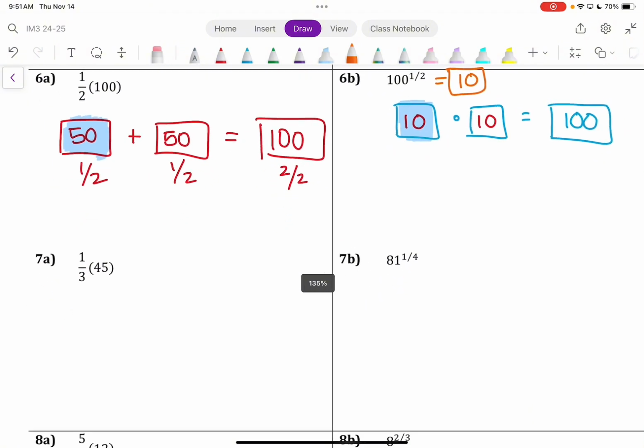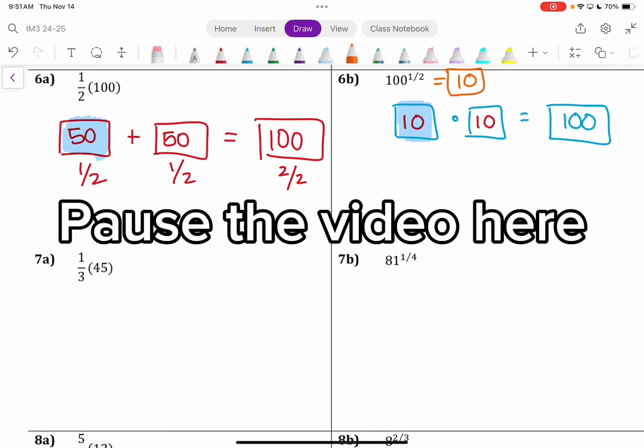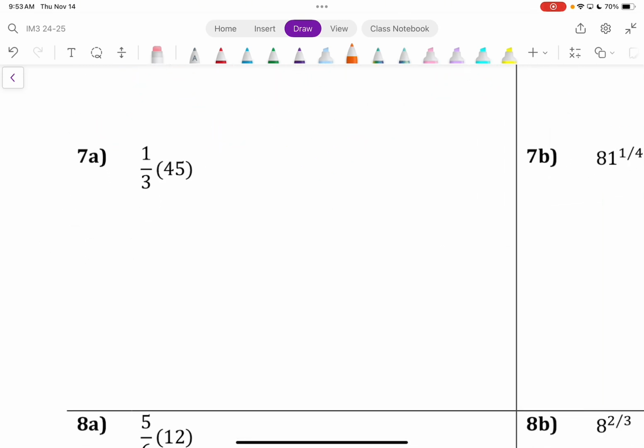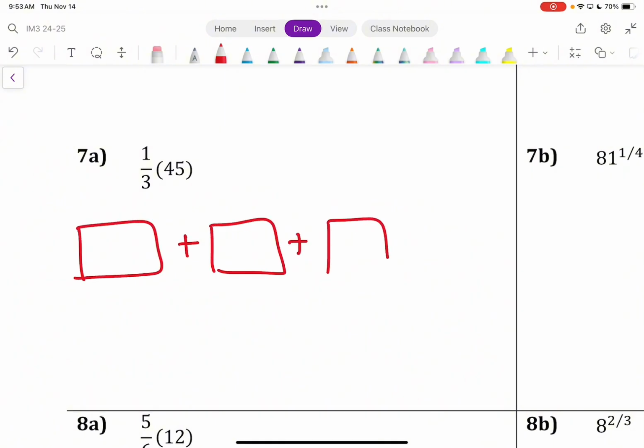Okay. Let's see how well you understand this. Go ahead and give it a try for 7a and 7b. Okay, 7a. What did we get for 7a? We want to split 45 into thirds, so 3 even groups. So 1/3 plus 1/3 plus 1/3 equals 45. How much should each group have? 15.